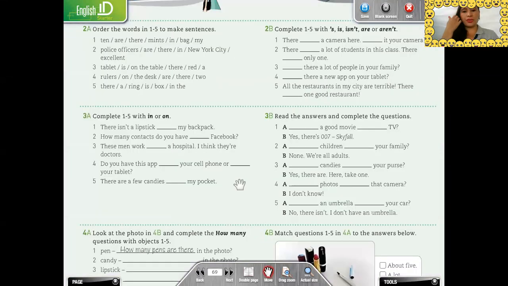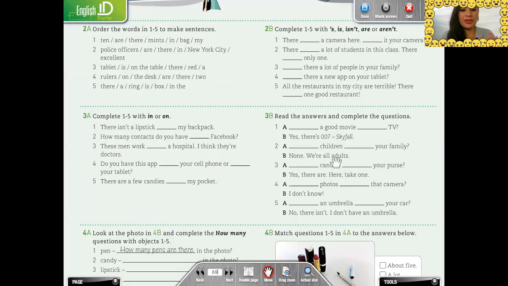Let's start with 3A. I have a question for you. Did we complete these exercises, A and B? Yes. We are on this exercise. Listen.